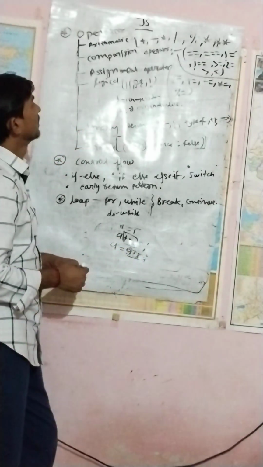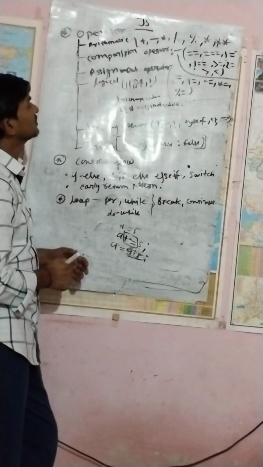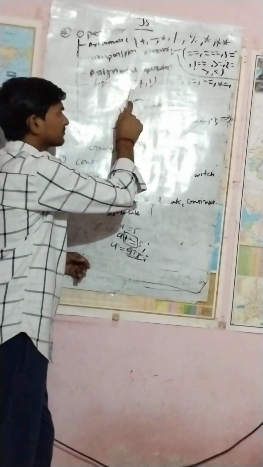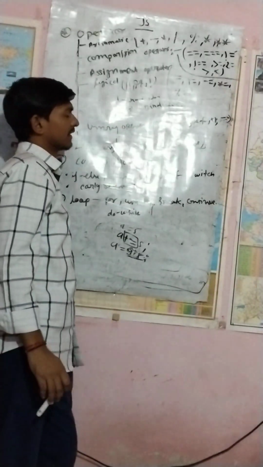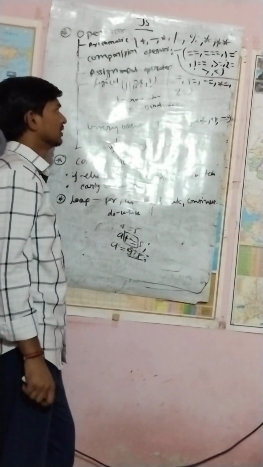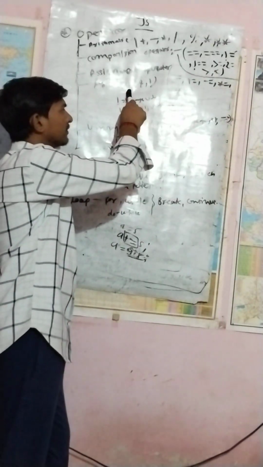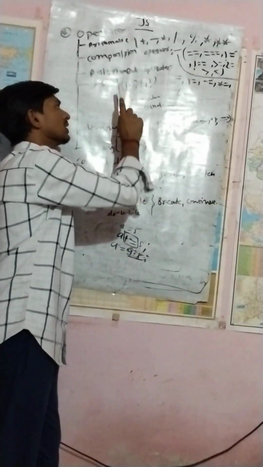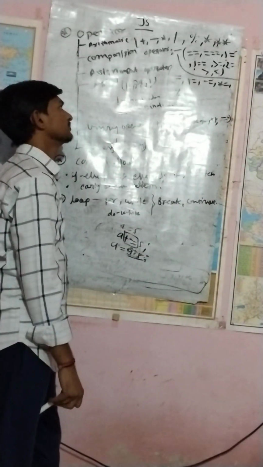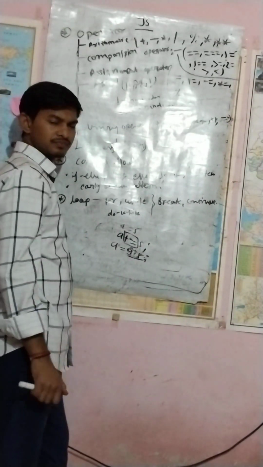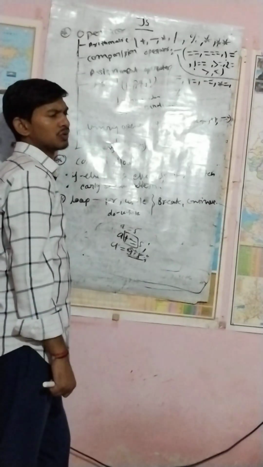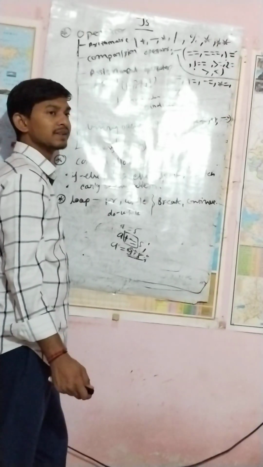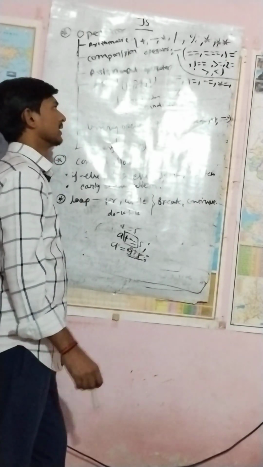Then we come to logical operators: and, or, and not. If there are two conditions and you are using the logical or operator, you will be able to enter the loop if any one condition is true.